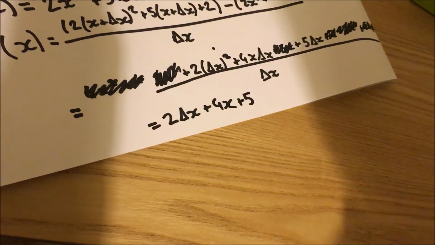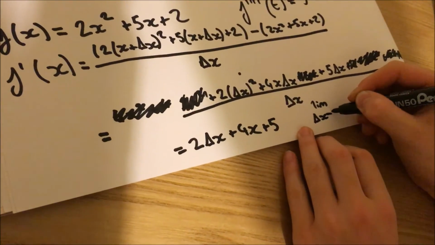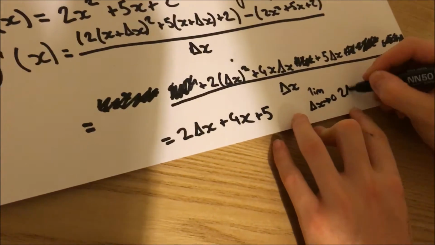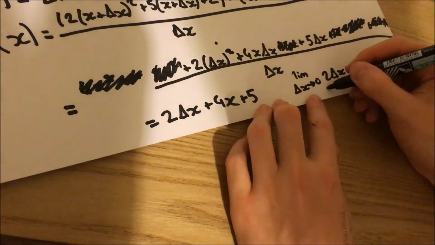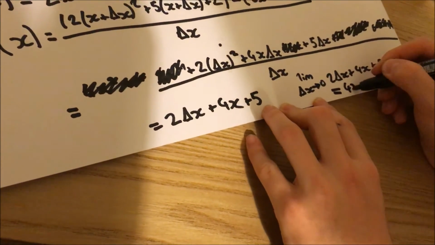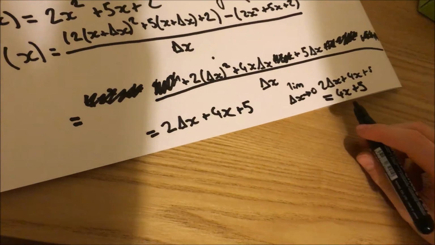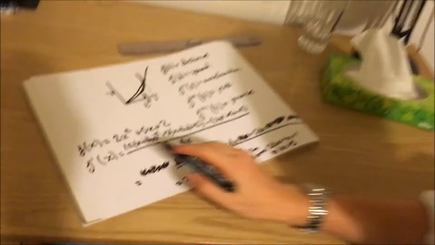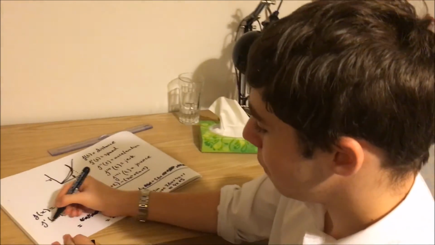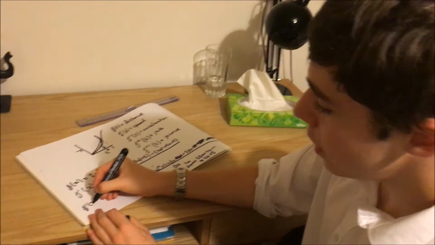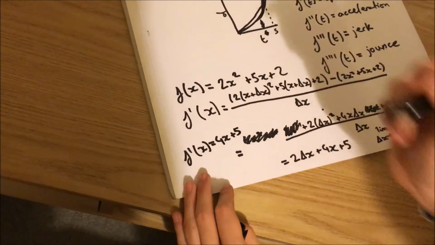And now what we do is we take the limit as delta x approaches 0 of 2 delta x plus 4x plus 5. And we know that that is equal to 4x plus 5. And so that is the derivative of 2x squared plus 5x plus 2. So the derivative of f of x is equal to 4x plus 5.